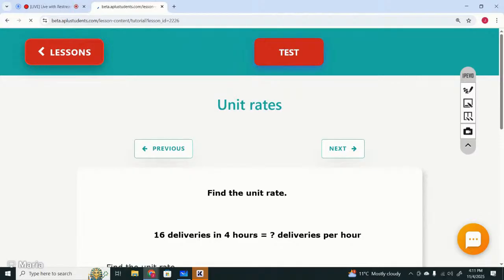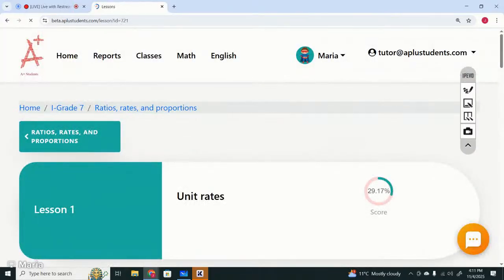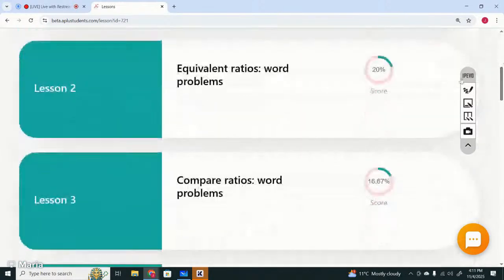The next lesson is equivalent ratios word problems. Let's start with the lesson.